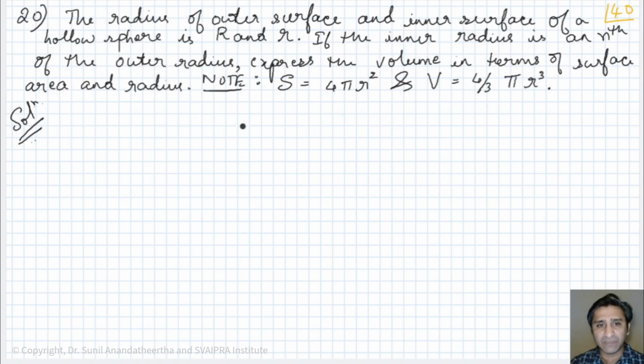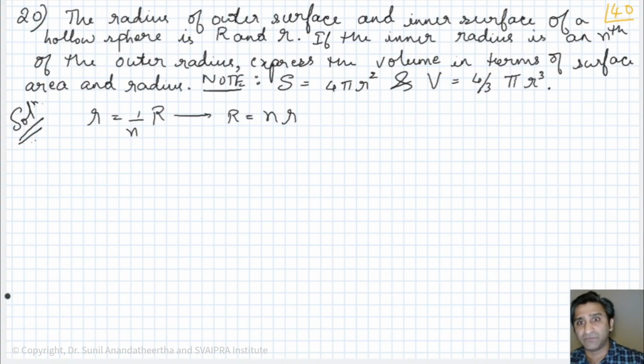So it's pretty simple, to be honest. What is the relationship that has been provided? Inner radius is an nth of the outer radius. That means r is an nth of the outer radius. That also means that the outer radius is n times r. Now express the volume in terms of the surface area and the radius. It's a pretty simple problem.